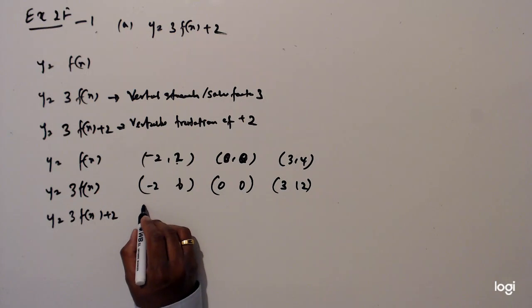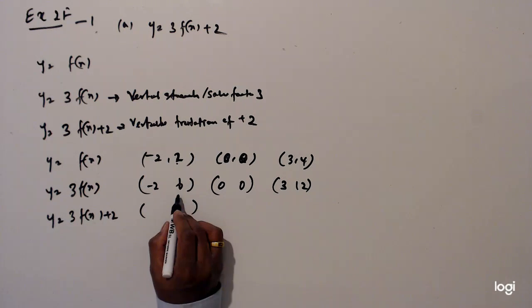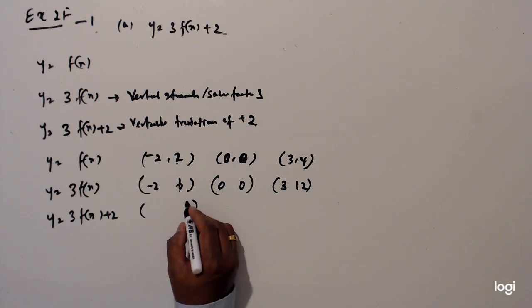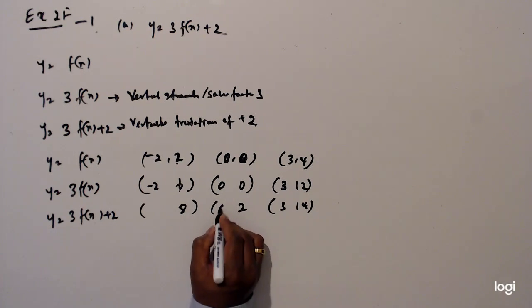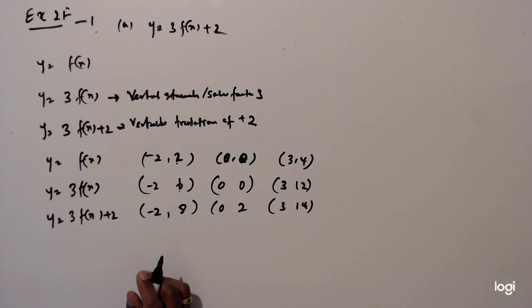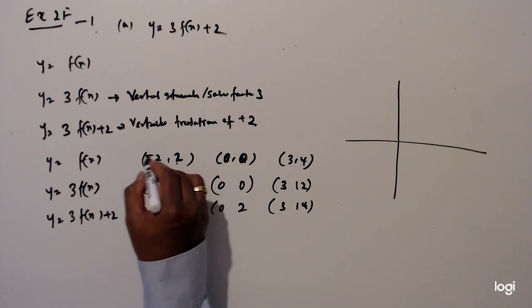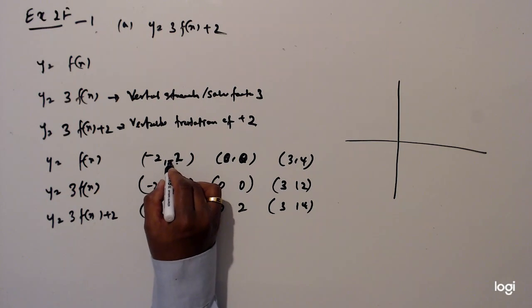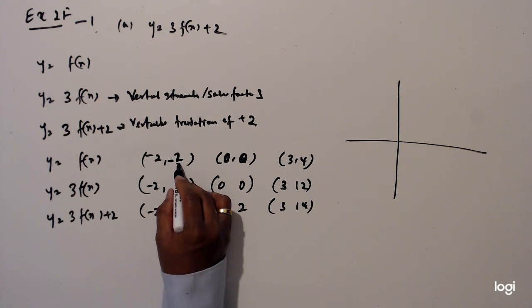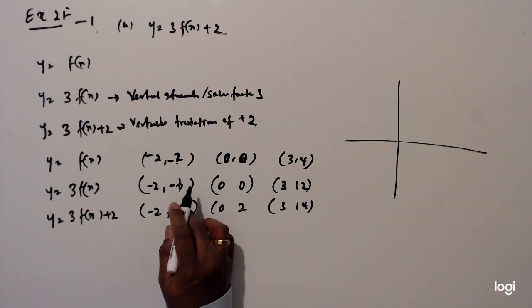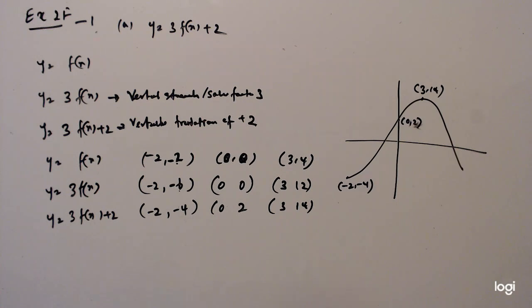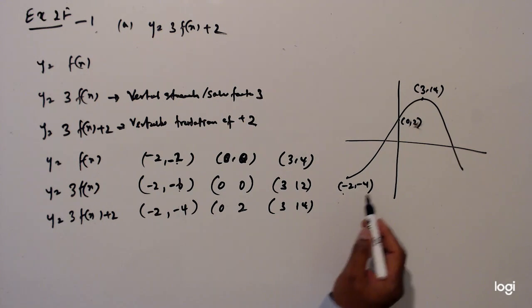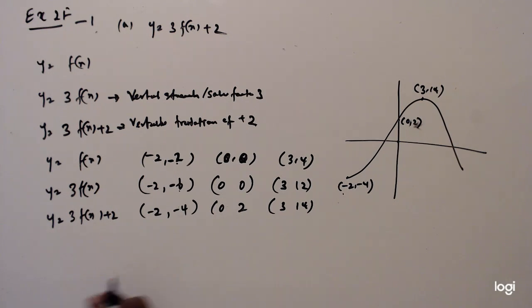So it is affecting the y value. 6 plus 2 is 8, 0 plus 2 is 2, 12 plus 2 is 14. The x values stay the same, and this is a correction, this has to be -2. 2 times -2 is -6, -6 plus 2 is -4. So this is the graph: (-2, -4), (0, 2), and (3, 14).